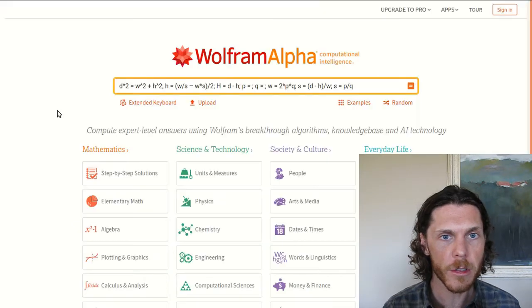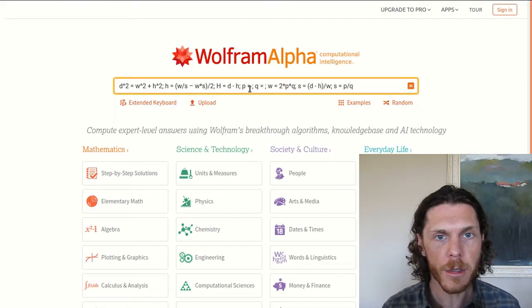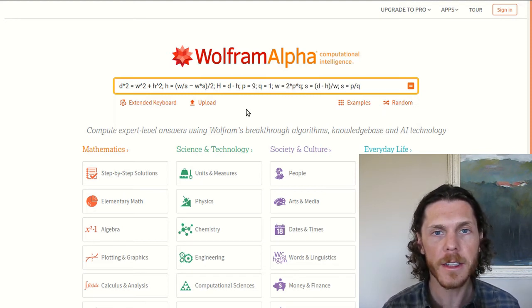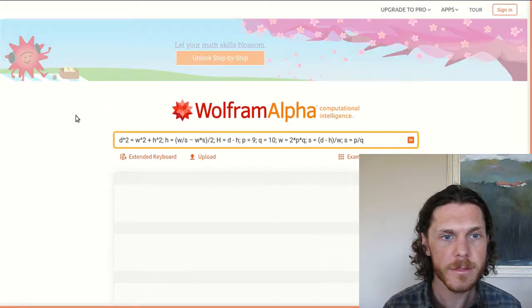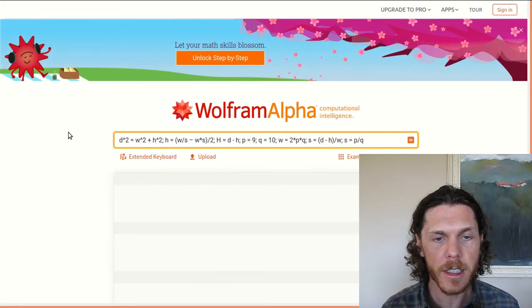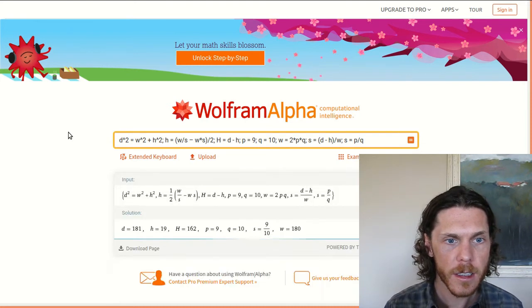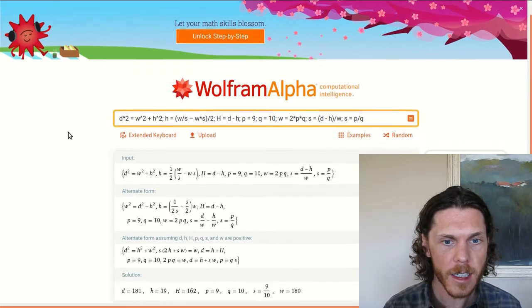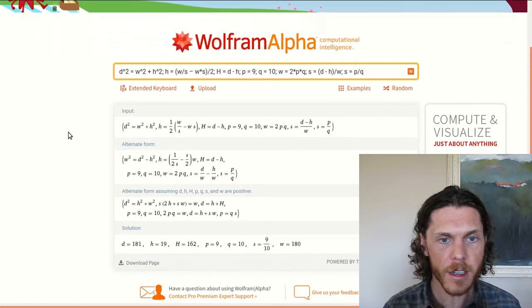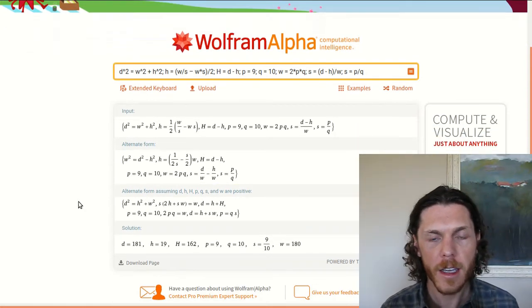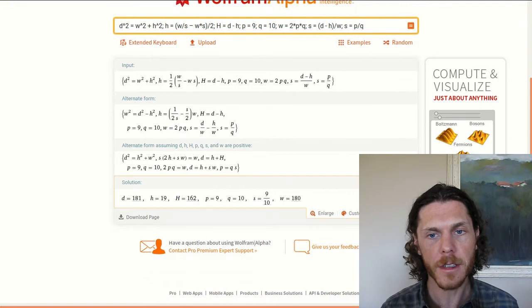So now jumping into Wolfram, I've already inputted the formulas. So now P is 9 here, and Q is 10. Doing the calculations. We see everything here is rational, so we've got a Pythagorean triple on our hands.